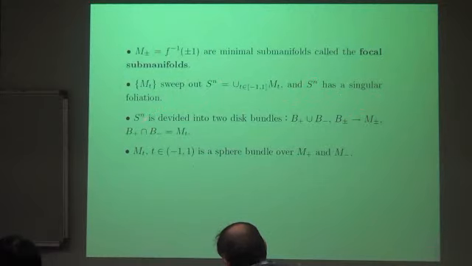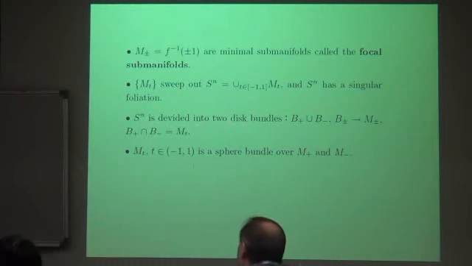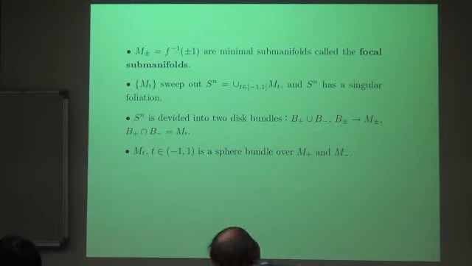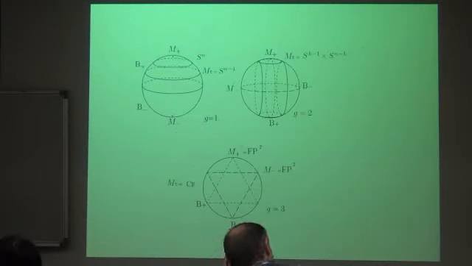Also the sphere is divided into two disk bundles, B plus and B minus, over the focal submanifolds M plus and M minus. I will show this in a picture on the next page, but the intersection of these two disk bundles is nothing but the isoparametric hypersurface. This is shown in this way. The simplest case is when g equals 1. In this case, the isoparametric hypersurfaces are just hyperspheres, and the two focal submanifolds consist of two points, the North Pole and the South Pole.